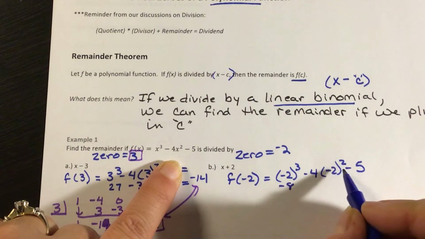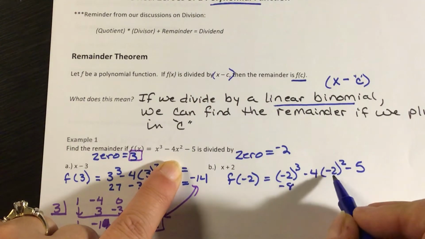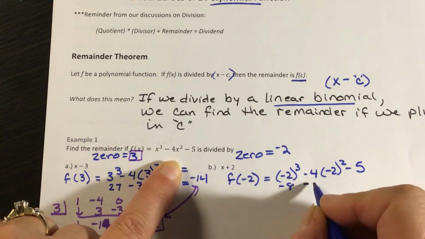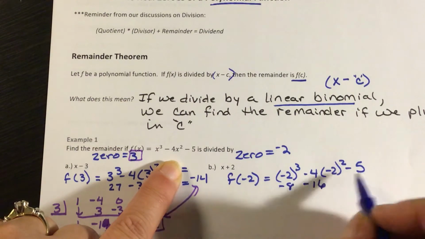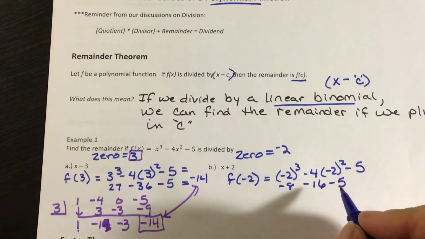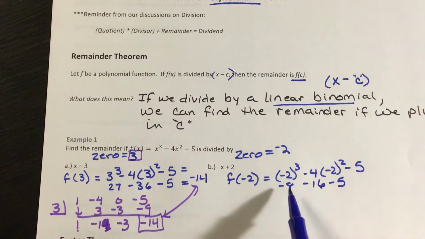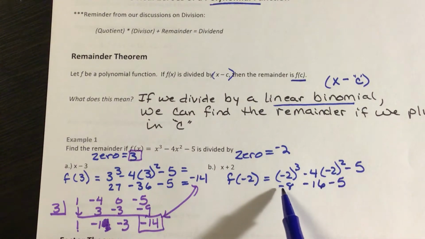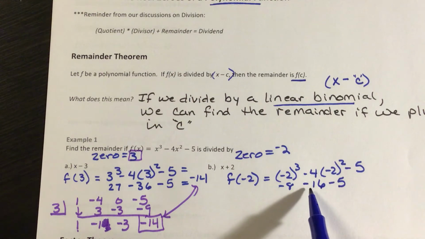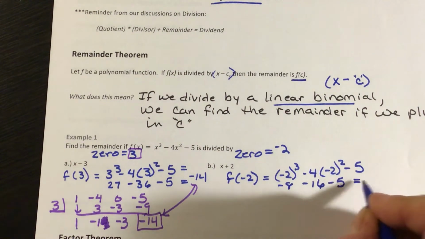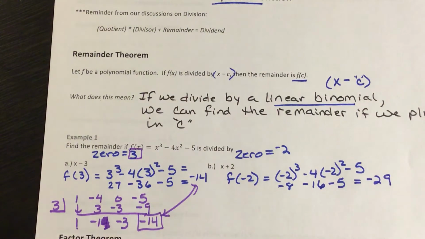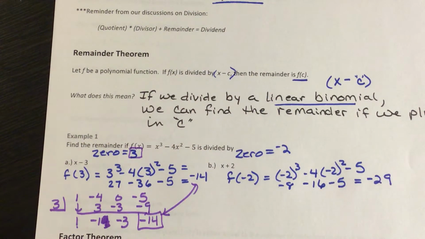I'm going to square first, so that's positive 4 times negative 4, that's minus 16, and then minus 5. So negative 8 minus 16 is negative 24, minus 5 is negative 29.